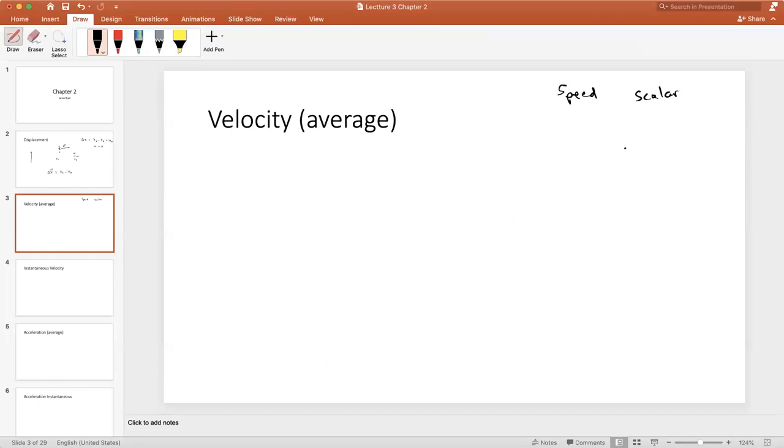I could say that I was traveling at 30 miles per hour, which sounds like a vector quantity, but it's not. If I said I was traveling 30 miles per hour to the east, that would be a vector quantity and that would be velocity. But speed's just a scalar. It's just the magnitude of velocity, and it doesn't tell us much of anything, so we don't use it.